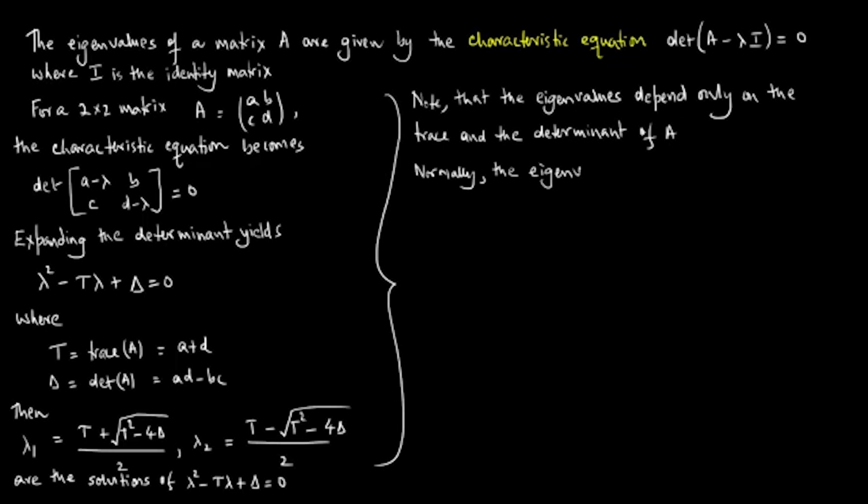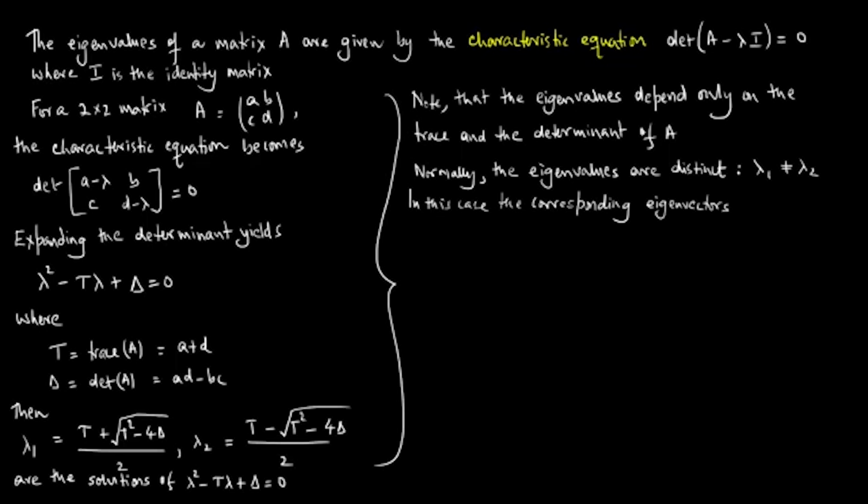Normally, the eigenvalues are distinct, so lambda 1 is not equal to lambda 2. In this case, the corresponding eigenvectors v1 and v2 are linearly independent and span the entire plane.